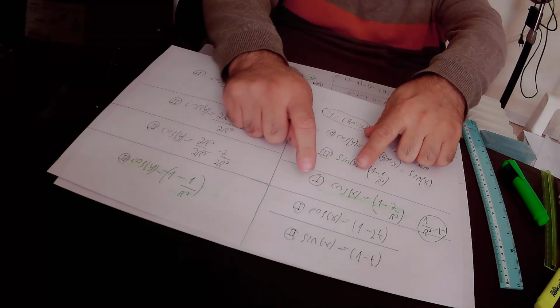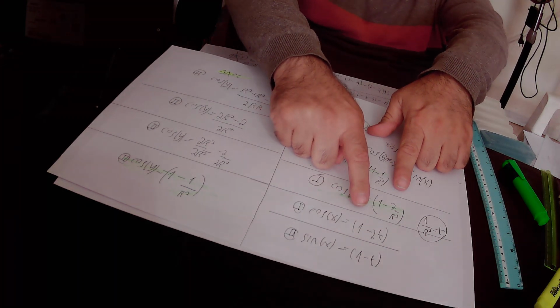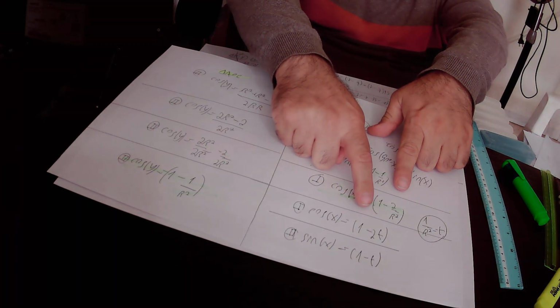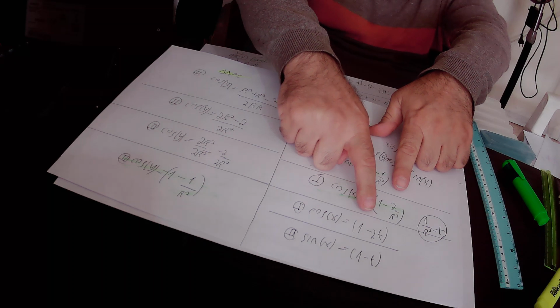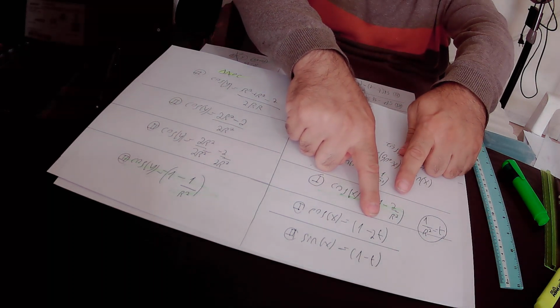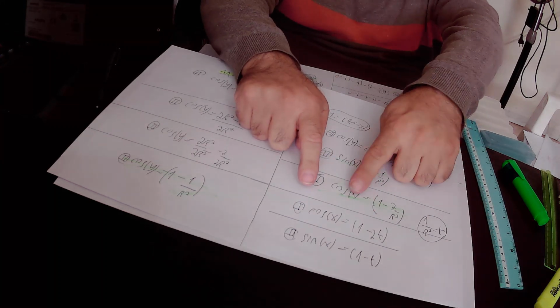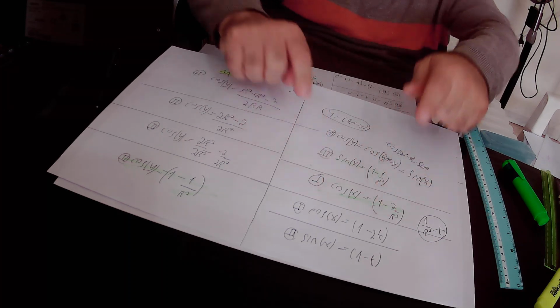And in equation number 1 we have cosine x equals 1 minus 2 times 1 over r squared, and 1 over r squared is t, so we substituted it, and this expression in total equals 1 minus 2t. Okay, so according to equation number 1, we found out that cosine x equals 1 minus 2t.